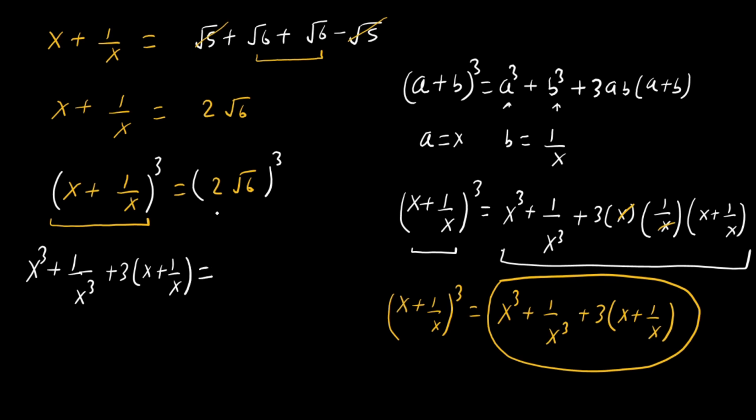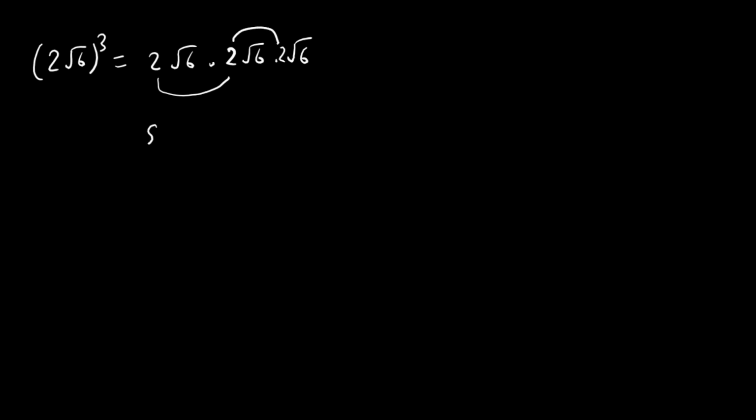and this is equal to (2 times square root of 6) to the power 3. This is equal to 2 times square root of 6 times 2 times square root of 6 times 2 times square root of 6. 2 times 2 is 4, 4 times 2 is 8.